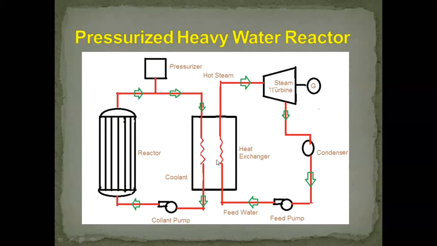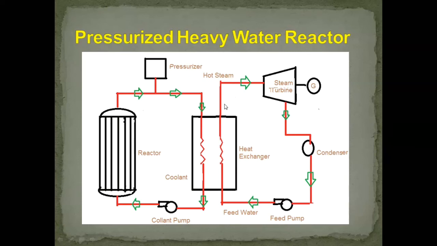The hot steam from the pressurizer and the cold feed water from the feed pump will exchange heat, and after the heat exchange process the cold coolant will enter the coolant pump, and the hot steam will enter the turbine. The output from the coolant pump will be recirculated once again to the reactor and pressurizer.